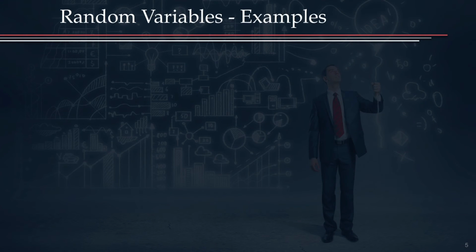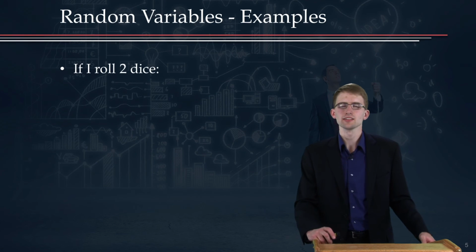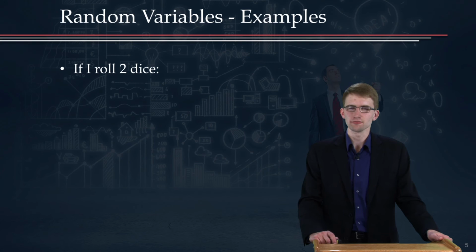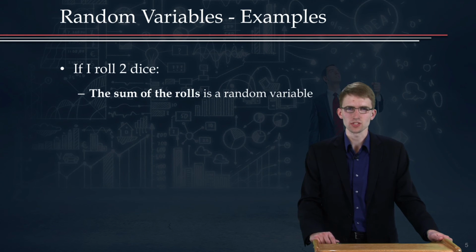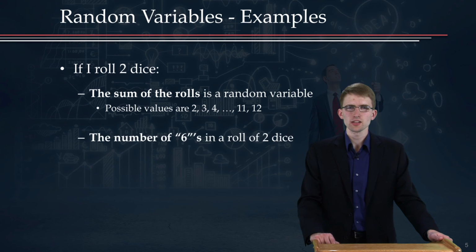Let's look at a couple more examples of random variables just to get an idea. If I roll 2 dice, this is an experiment that can have a lot of different random variables associated with it potentially. One of which is the sum of the rolls, and this can take numerical values 2, 3, 4, up through 12. Another example is the number of 6s in a roll of 2 dice, and this could take the numbers 0, 1, or 2.